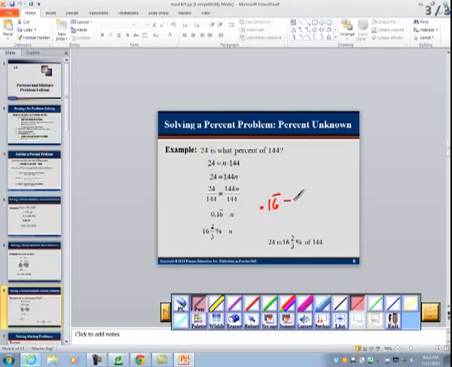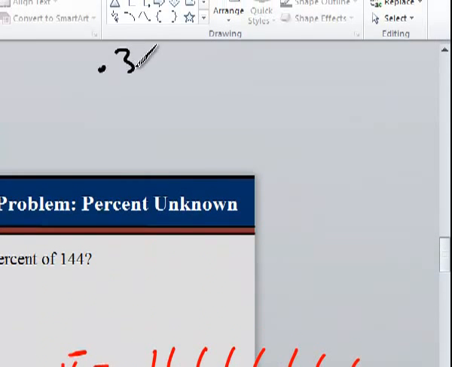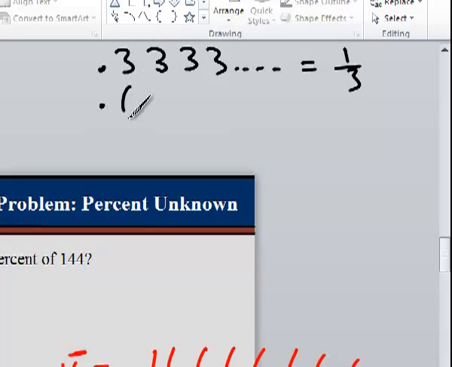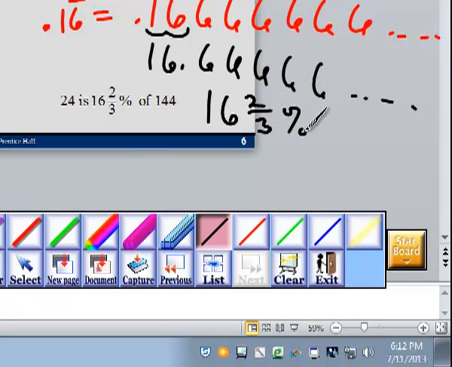With this bar, that means 0.1666666, like that, and it just keeps on going. Okay? So what you have to do is go two places, right? And so that's 16.666666, it just keeps on going. Well, 0.3 repeating is 1/3, and 0.6 repeating is 2/3. Okay? So that's where you get the 16 2/3%.